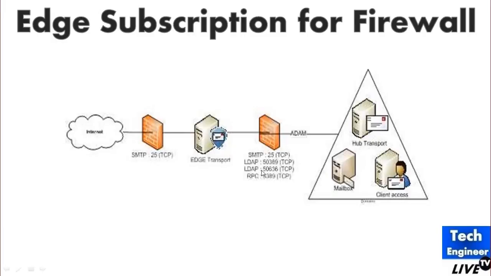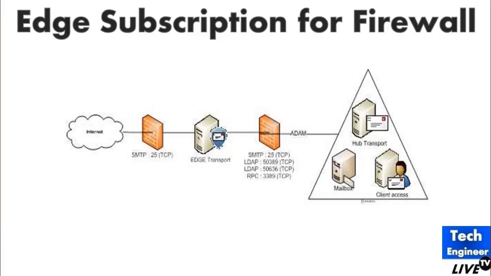So these particular ports, 50389 and 50636, have to be towards the Edge Transport Server. It means exclusions for these port numbers are required in the firewalls.